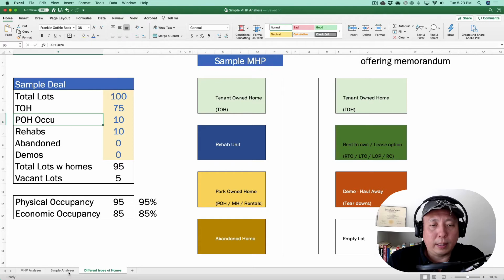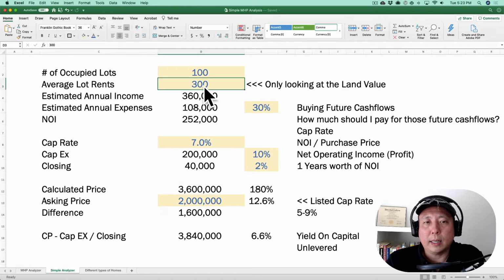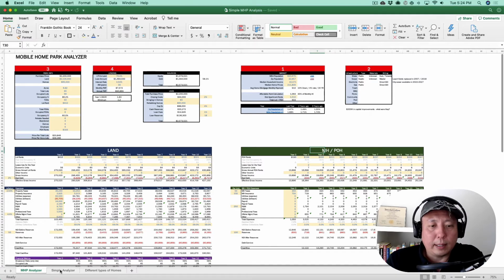In our simple analysis, we're only going to be dealing with tenant-owned homes right now. We're just going to be talking about lot rents. And later on, when we do a more full analysis, I'll get into more detail as to why the land portion of the deal and the mobile home or park-owned home portion of the deal needs to be separated out. In this analyzer here, you can see I actually have two different cash flow statements to analyze the deal.